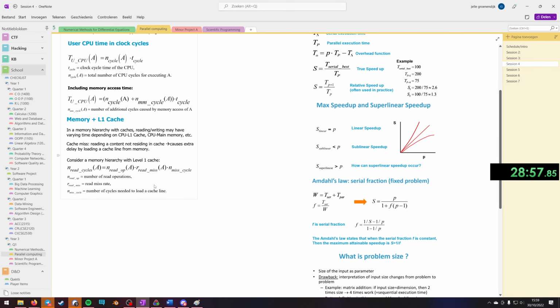So yeah, here it is. The read miss rate. Yeah, so this is what I'm using as well. So the amount of read operations times the amount of misses times the amount of cycles per miss.